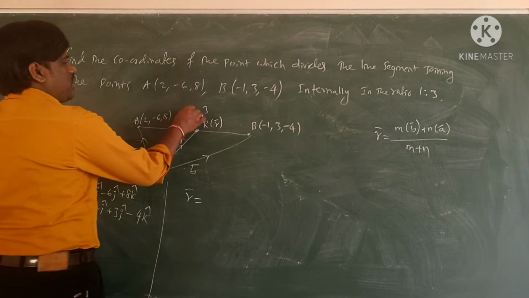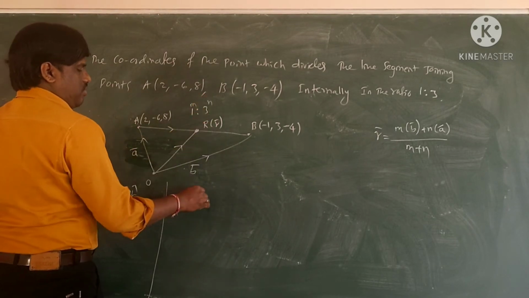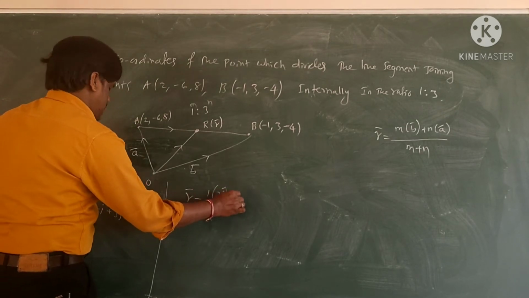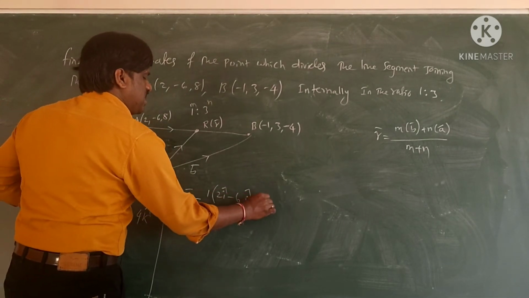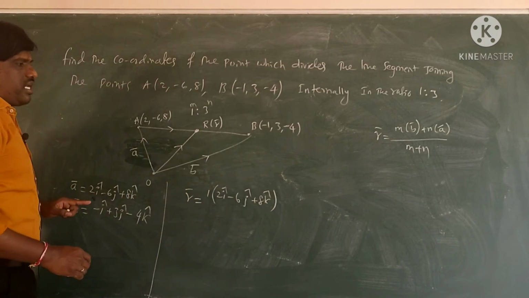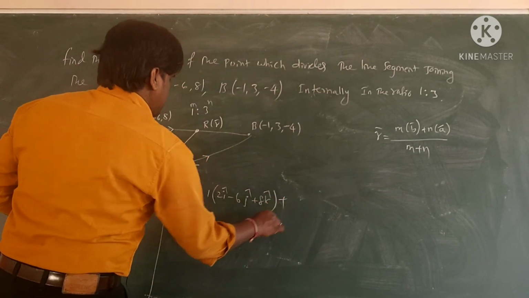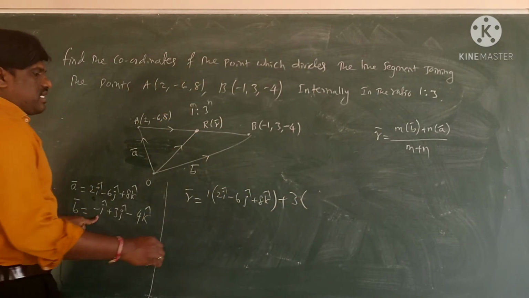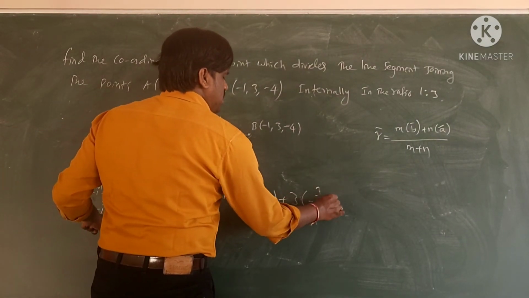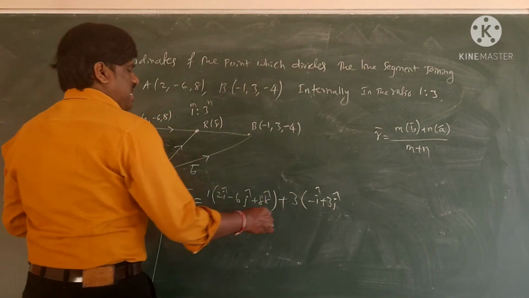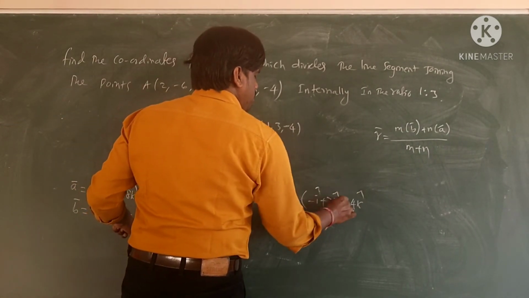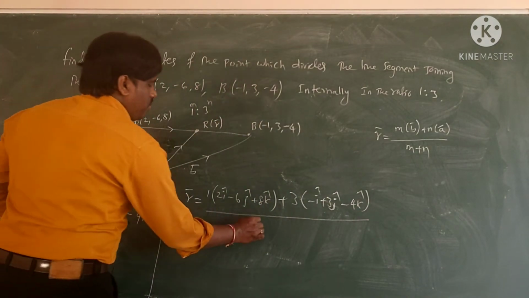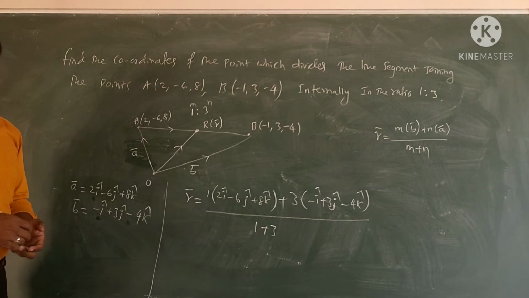So m is 1 here and n is 3, divided by 1 plus 3. Understood?